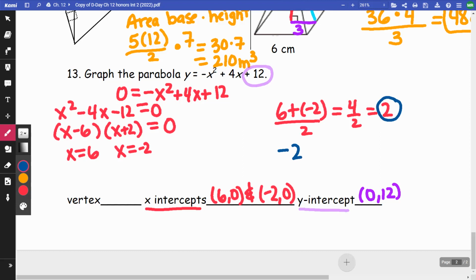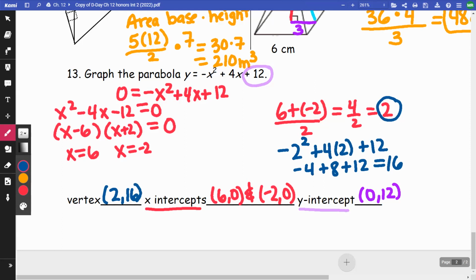So it's a negative 2 squared. Now it's not a -2 in parentheses. It's a -2 squared plus 4 times 2 plus 12. So that's going to be a -4 plus 8, which happens to be 4, plus 12. I'm going to end up with a 16. So this is going to be 2 comma 16.